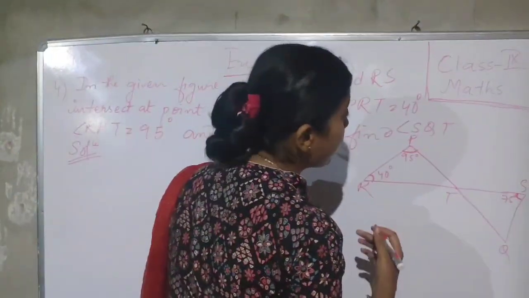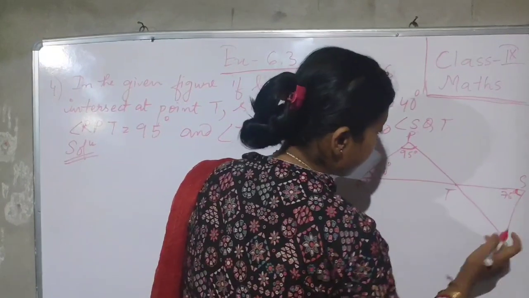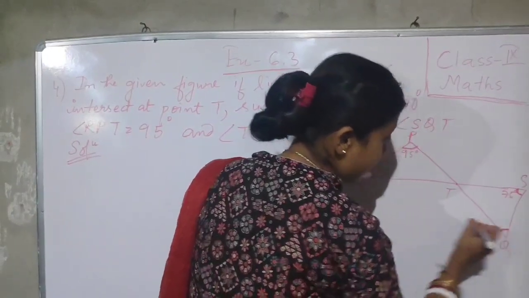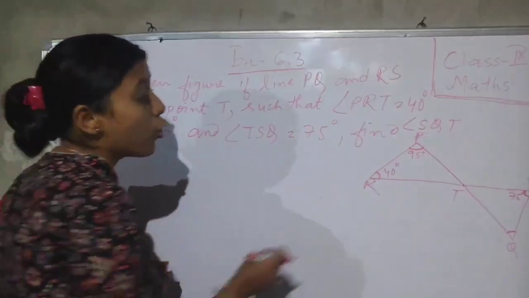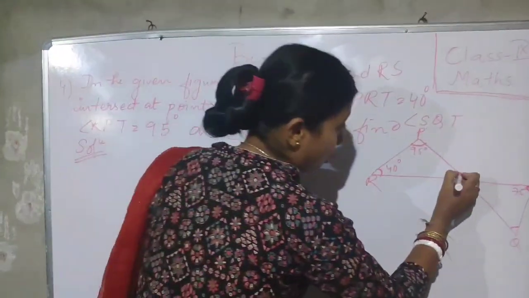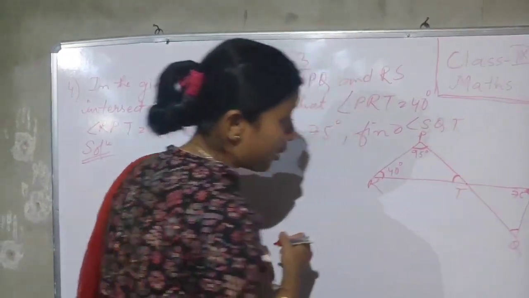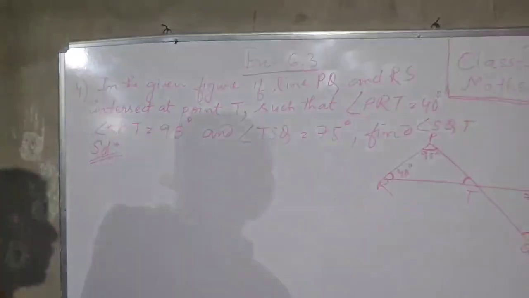We have to find angle SQT. So from this triangle, we can find this angle first of all, by using angle sum property.